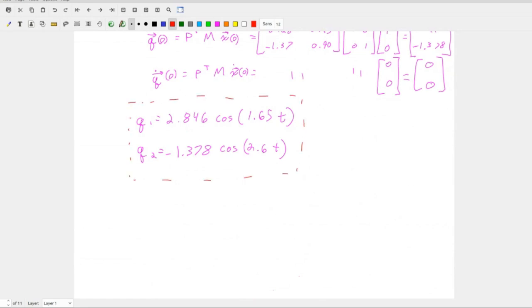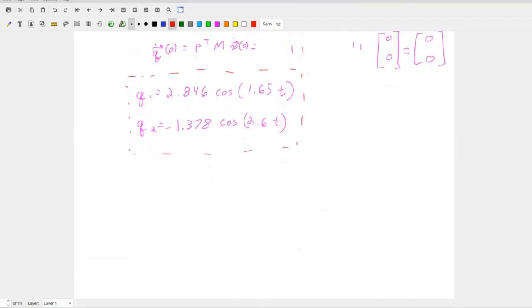So these are pretty helpful. These tell us how much each mode participates at a given time. And we know the modes. So now it's just an issue of summating them up, right? These are our time-dependent participation coefficients. All we have to do is multiply these by the modes, right?